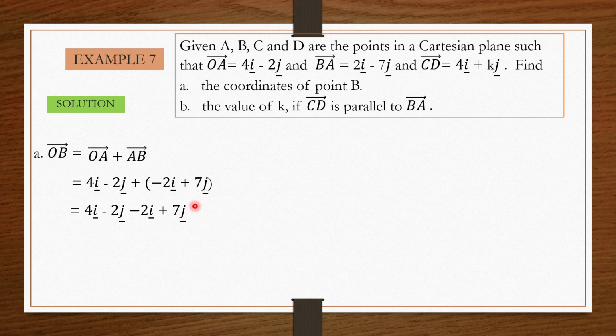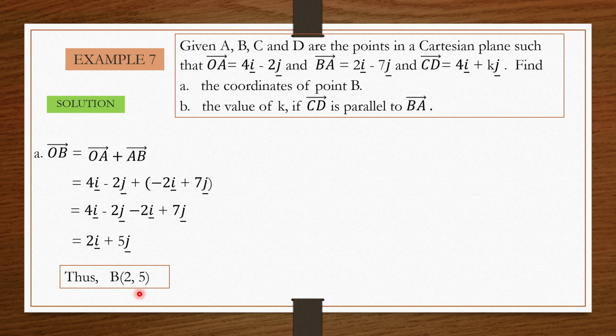Okay, simplify this and your final answer will be 2i plus 5j. So now you have the position vector of point B. Therefore, you can easily find the coordinate B. So that will be (2, 5), just based on the position vector.